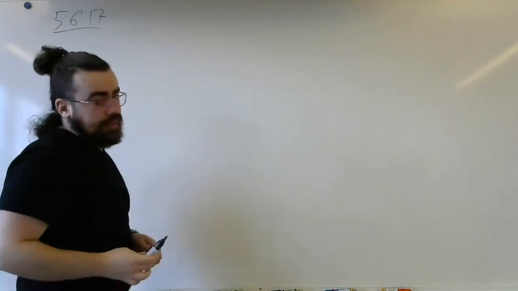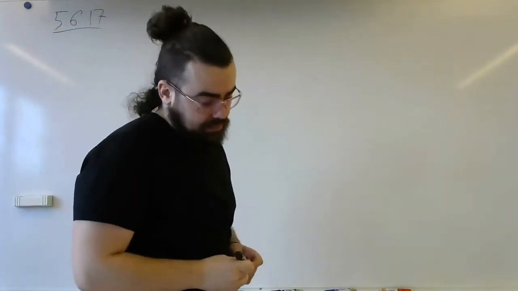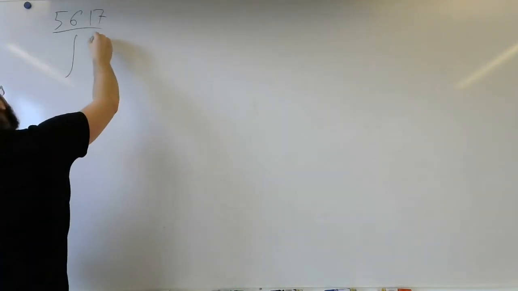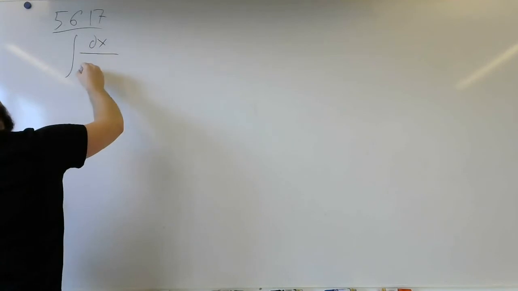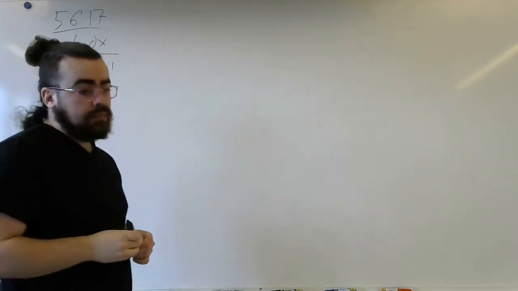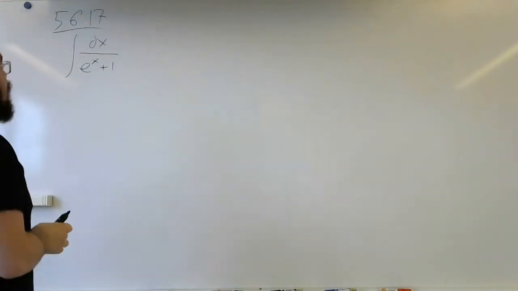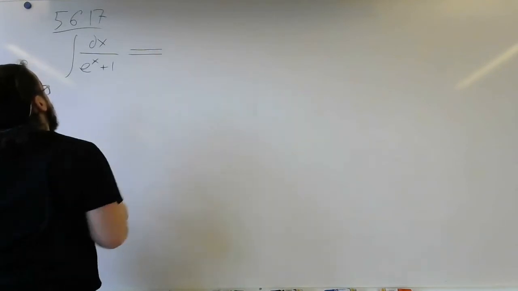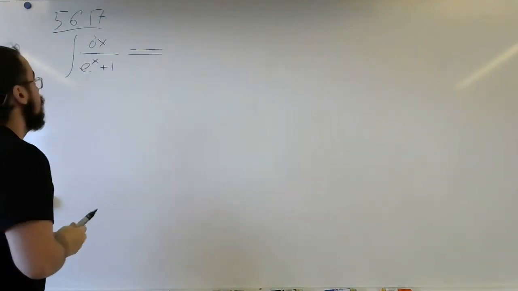Now we find something that we may find scary at some point. One over e to the x plus 1. What do we do here?